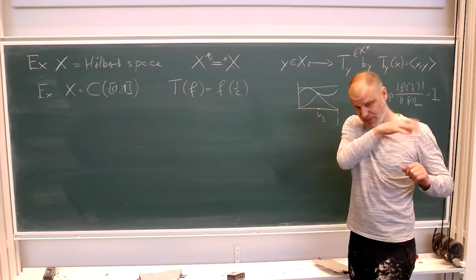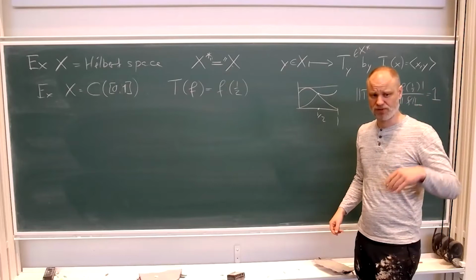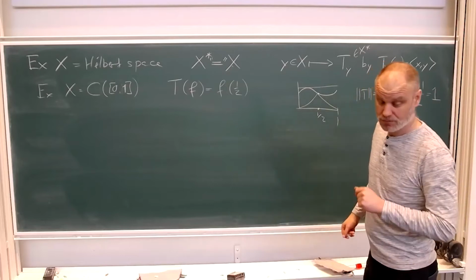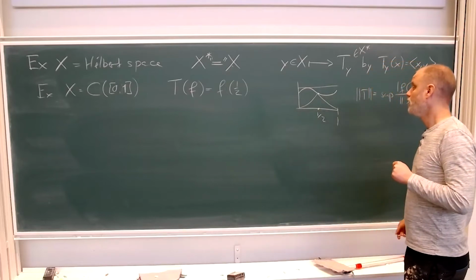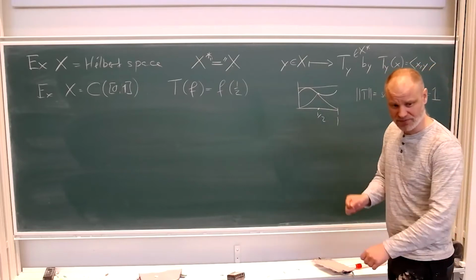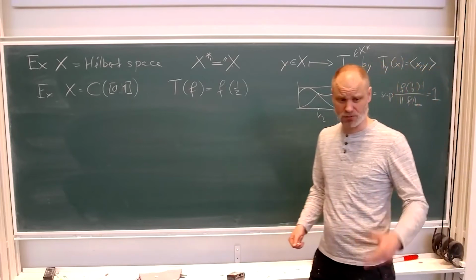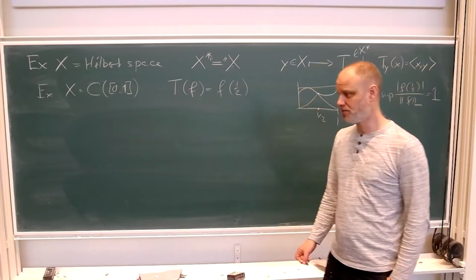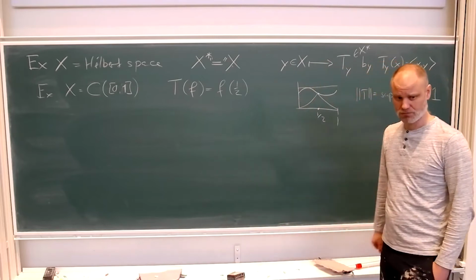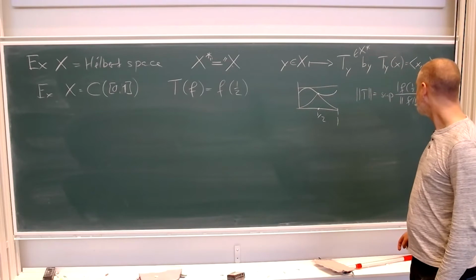But if p is infinity, then the dual of L infinity is something which is not very well understood to this day. I think it's pretty well excavated by now, though. It's just that there is no really nice representation, but there are results about it. You have to get very deep into books of functional analysis to find stuff about it.